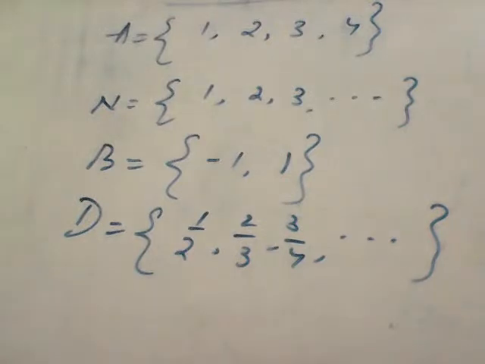So very simple things I have discussed now: empty set, finite set, and infinite set. A finite set means the set containing a finite number of elements. An infinite set means the set containing infinite numbers of elements. A null set or empty set is the set containing no element. For it, we use two symbols, either phi or curly brackets with no element.